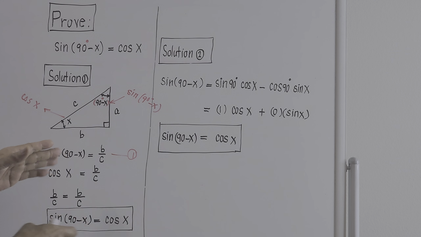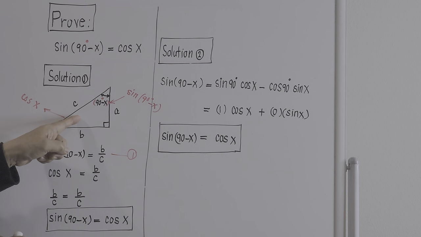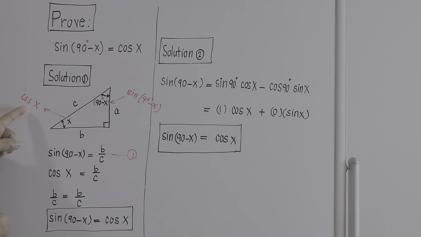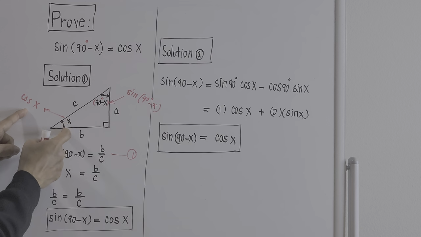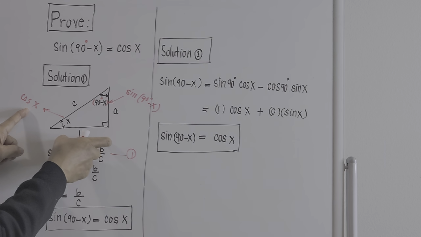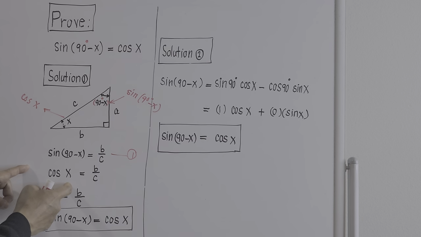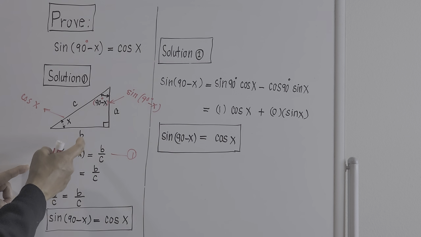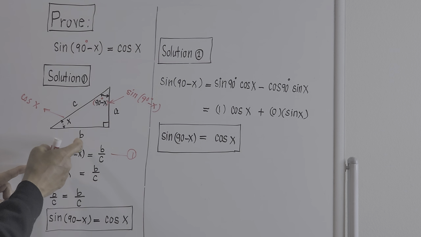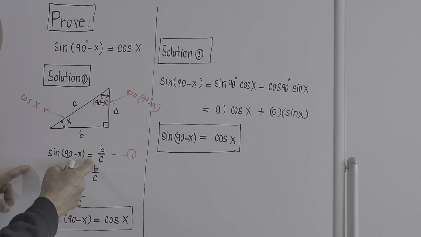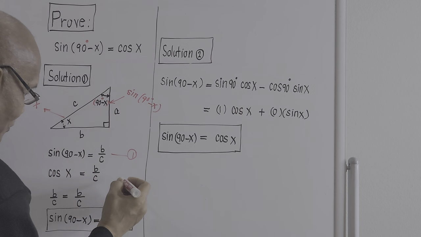Its adjacent side is side b, and its hypotenuse is side c. So cosine of angle x will be the ratio b over c. That will be equation number 2.